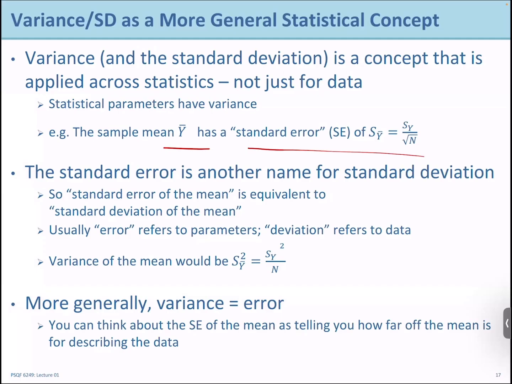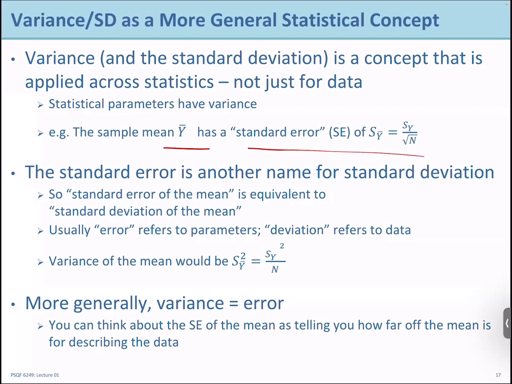Turns out it is just the standard deviation over the square root of n. But that is the idea of the sampling distribution: if we were to do this same process over and over again, how much would the mean itself change from iteration to iteration, sample to sample. So standard error is another name for standard deviation. I'm going to finish this slide, then it'll be break time.